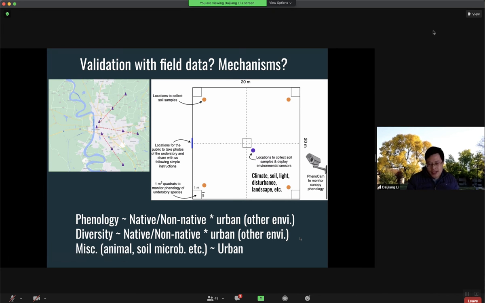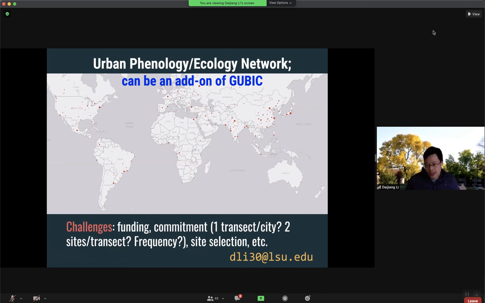So this is one city, but to look for generality, we do need to expand it. Potentially this can be an add-on of the GUBIC, especially the phase 3 that Mark just talked about at the beginning. If we do plan to replicate the experiments across different cities, then sampling phenology on top of the species composition can be very useful, but that also comes with challenges.